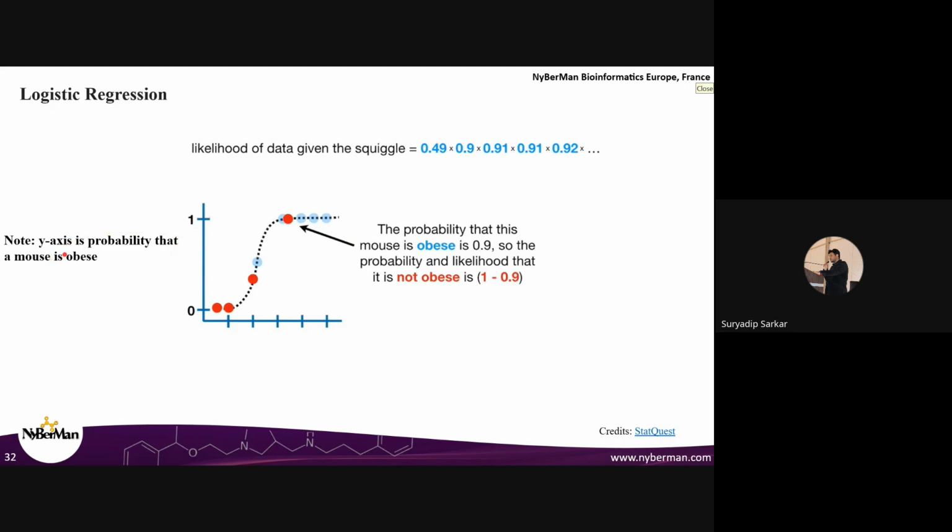Because the y-axis is your probability of the mouse being obese. It is not the probability of your mouse being not obese. Rather, it is the probability of your mouse being obese, because obese is the class we have defined as class 1. So the probability that this mouse is not obese will be 1 minus 0.9, or 0.1.